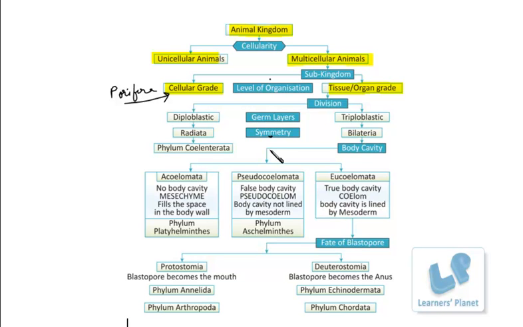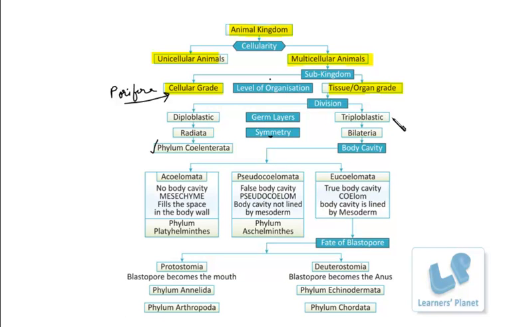Whereas in radial symmetry, if we divide the organism in any plane, each part is equivalent to the other. Such radial symmetry and diploblastic nature are found in the phylum Coelenterata.